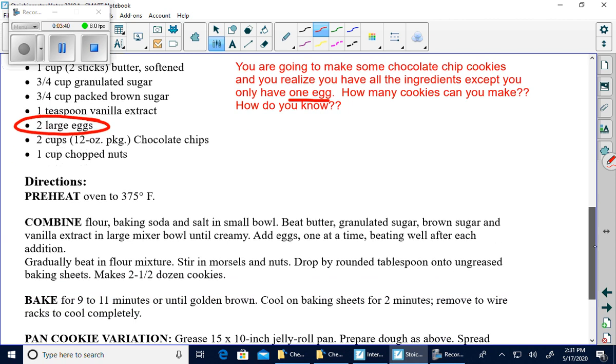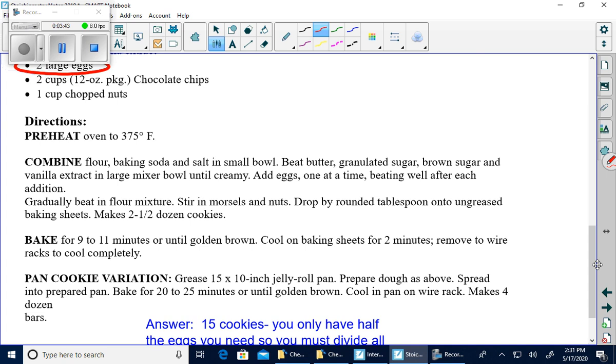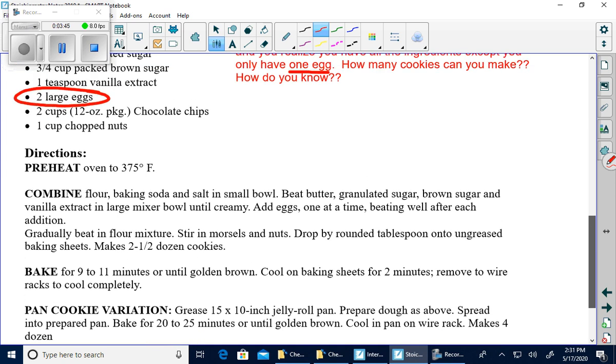Let's look. How many cookies would we get? Okay, down here it says makes 2.5 dozen cookies. Well, if I only have half the ingredients that I use to make my cookies, I should only get half of the number of cookies. 2.5 divided by 2, or half of 2.5, is 15 cookies.